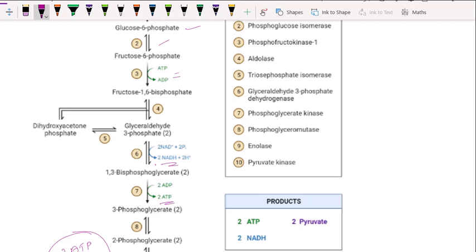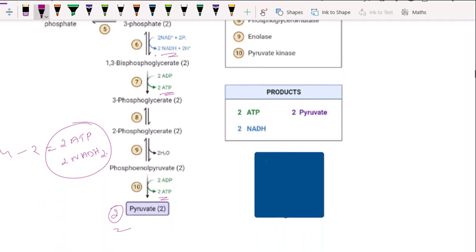Then dihydroxyacetone phosphate gets converted to glyceraldehyde 3-phosphate, fifth step. Sixth step, glyceraldehyde 3-phosphate gets converted to 1,3-bisphosphoglyceric acid. Seventh step, 1,3-bisphosphoglyceric acid gets converted to 3-phosphoglyceric acid. Then the 8th, 9th and 10th. These are the 10 steps of glycolysis. The end products are 2 pyruvic acid, 2 NADH2 and 2 ATP.